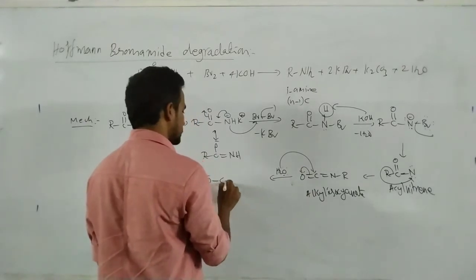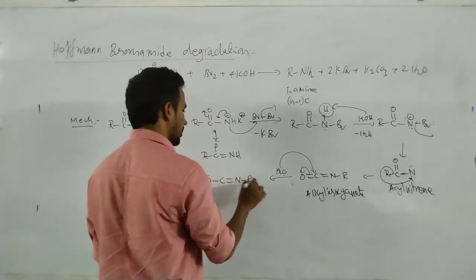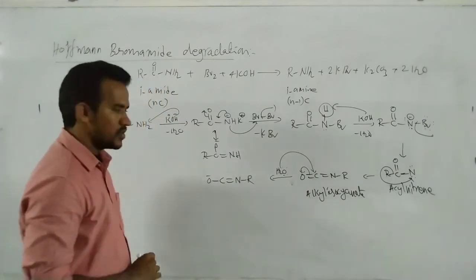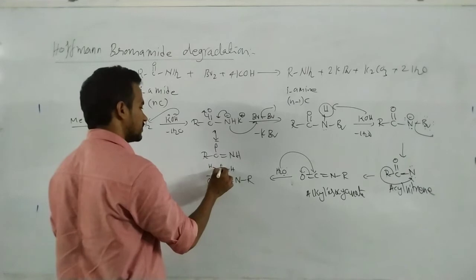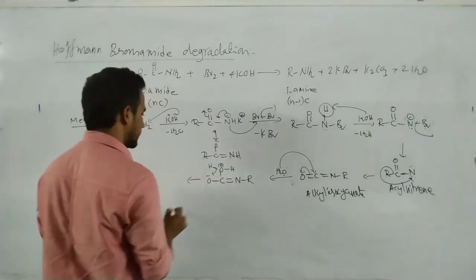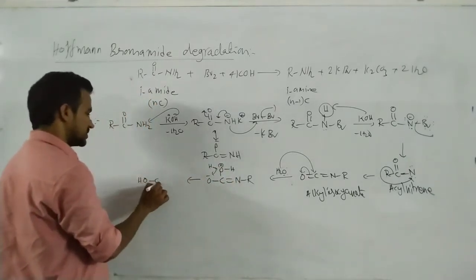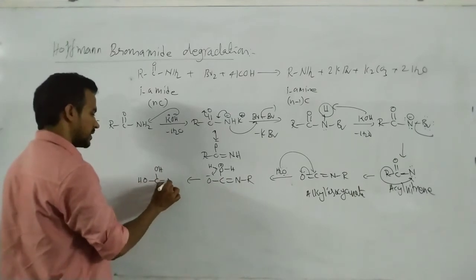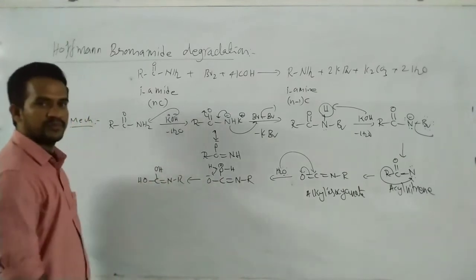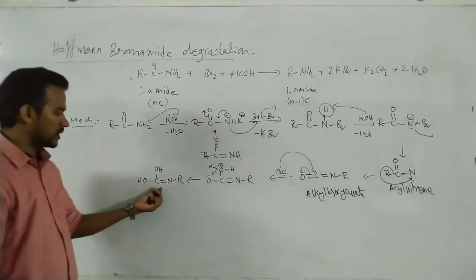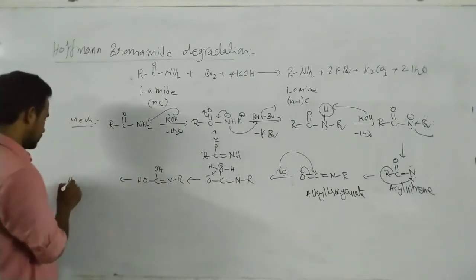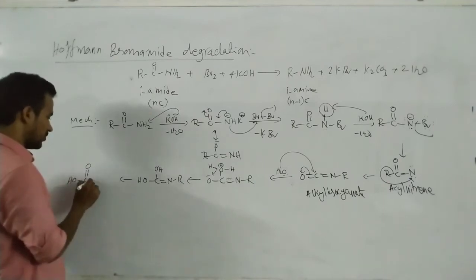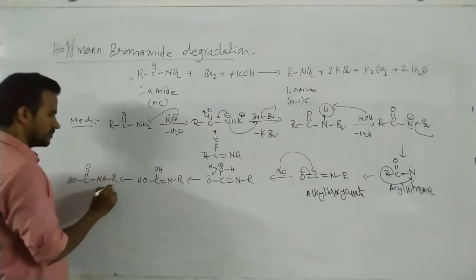So here O minus C double bond N and R. Now proton transfer takes place. So OH C OH double bond N R. Now it is an enol, C double bond N and there is an OH. So it is converted to O double bond C NHR.